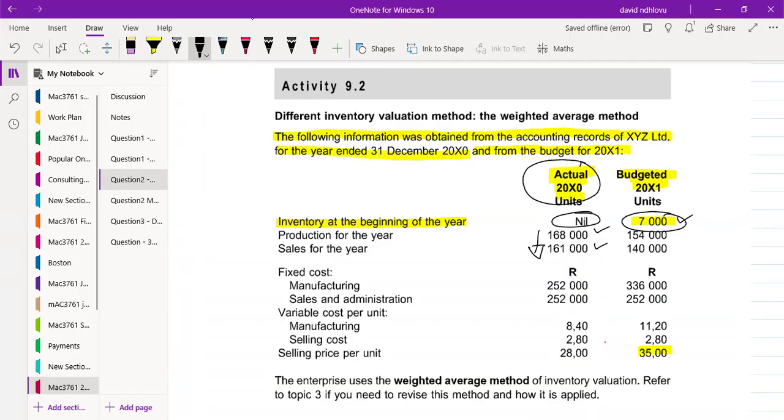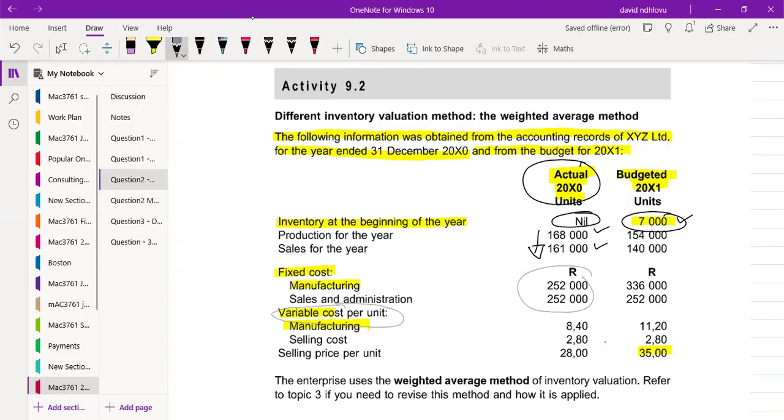When we go to the previous year, we are given both manufacturing fixed cost and variable manufacturing costs. The fixed cost, as you can see, we are given in total. The variable cost, as you can see, is given per what? Per unit.